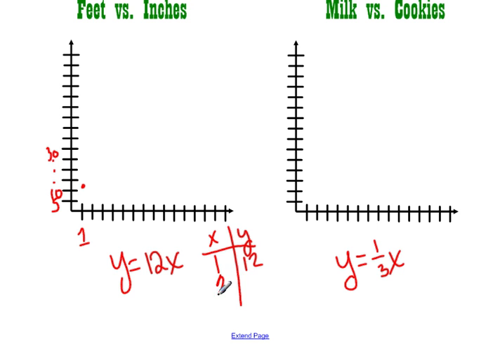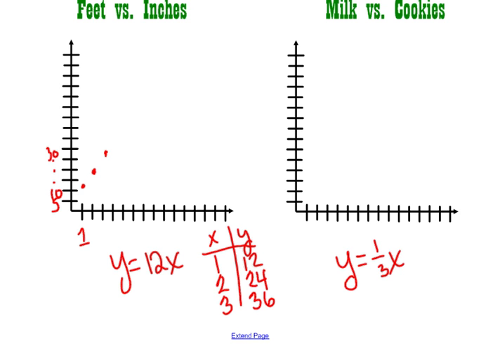And when I have 2 feet, I have 24 inches. So 2 up to 24, it's going to be about right there. And if I have 3 feet, I would have 36 inches. So 35, 36. You should be able to tell that this is going to make a straight line.